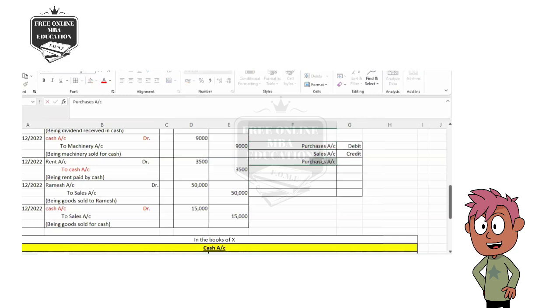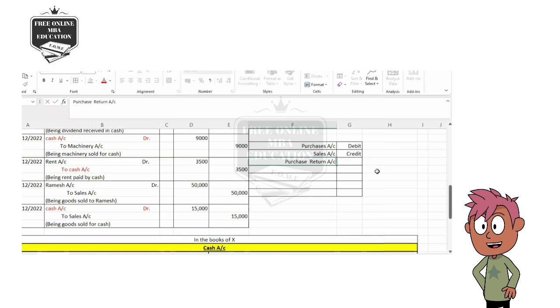Now, purchase return. That means we purchase something from the supplier, but for whatsoever reason, maybe we don't require those goods, the goods are of poor quality, or these are not as per the specifications.